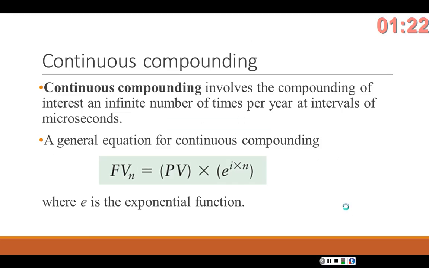So what if interest is compounded continuously? So interest is compounded an infinite number of times per year. To calculate the future value of continuous compounding, that's equal to the present value times the exponential function raised to the stated interest rate times n.